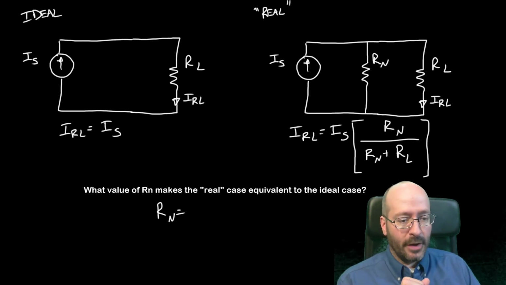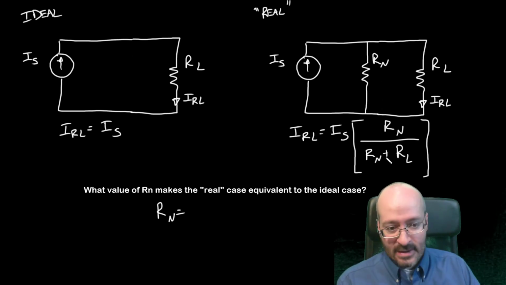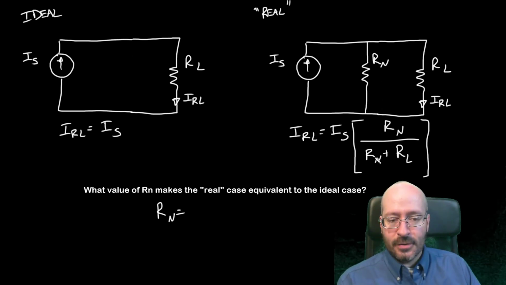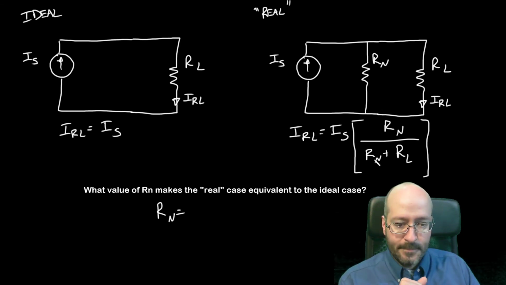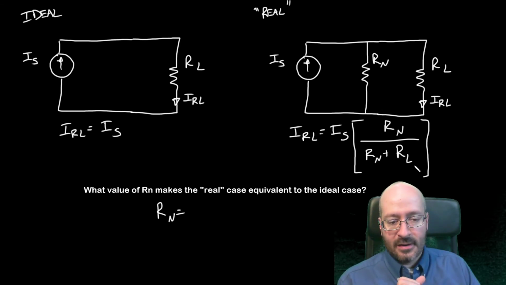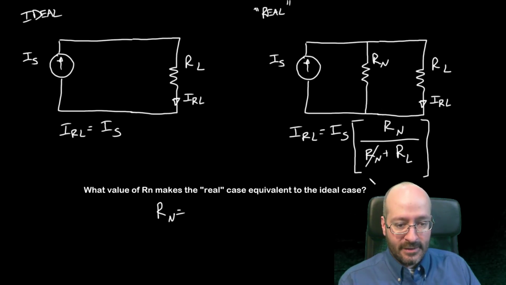This all needs to be 1, right? Everything in these square brackets. I can't change the load resistance. I'm really just varying the Norton resistance. So if I want this fraction to equal 1, I need to make the load resistance insignificant. And I do that by having an infinite Norton resistance.